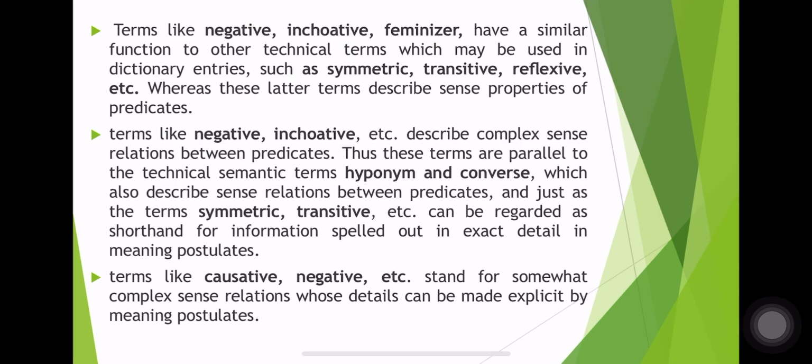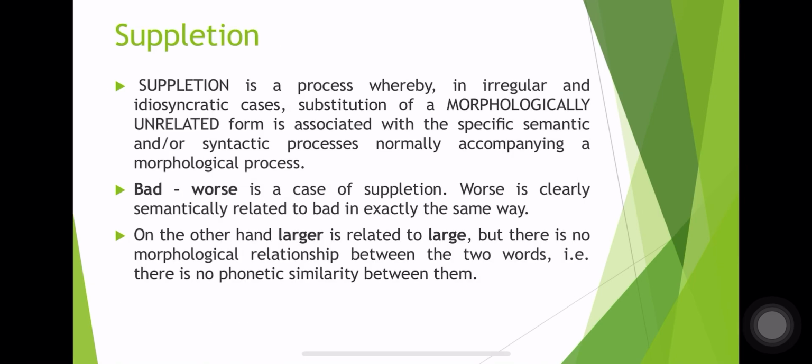Thus, these terms are parallel to the technical semantic terms hyponym and converse, which also describe sense relations between predicates. And just as the terms symmetric, transitive, etc. can be regarded as shorthand for information spelled out in exact detail in meaning postulates, terms like causative and negative stand for somewhat complex sense relations whose details can be made explicit by meaning postulates.